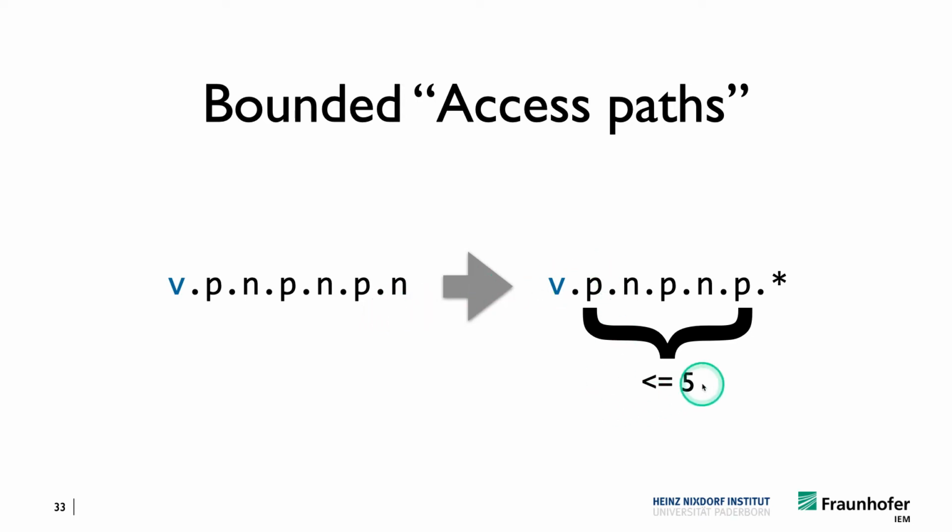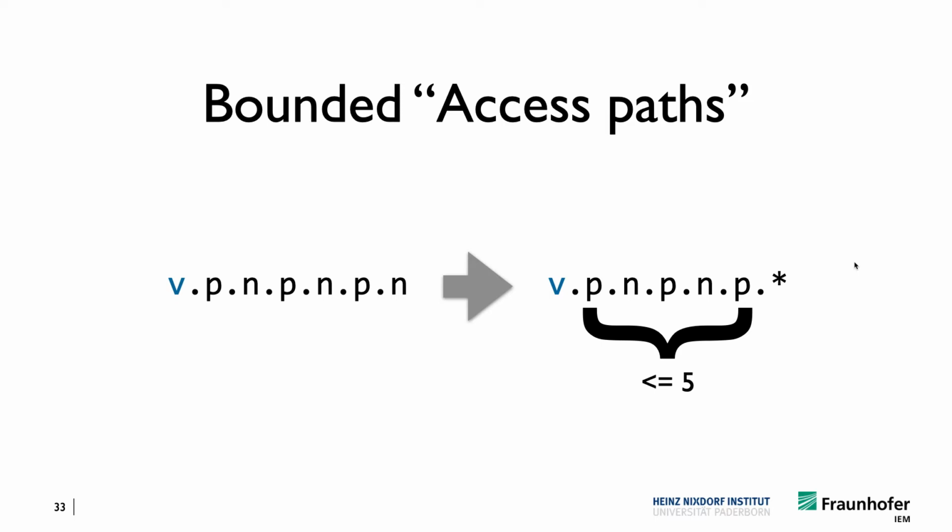In FlowDroid, we introduced an artificial constant k that can be used to actually bound these access paths. The default was actually 5, like you can see here, so it was already relatively high, but it's a command line option, so you can lower that if you are trying to obtain a more efficient analysis.